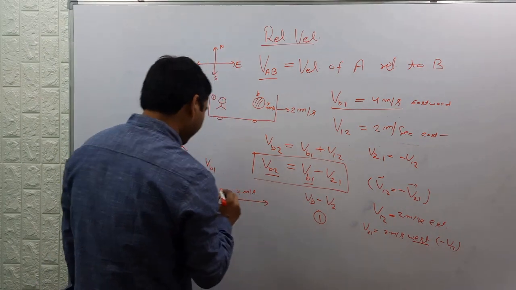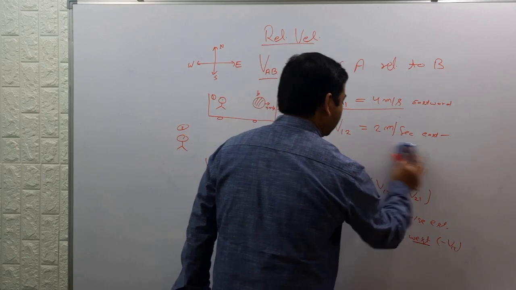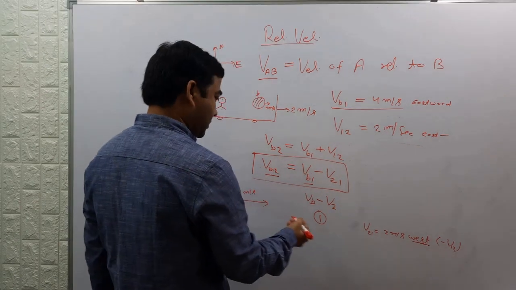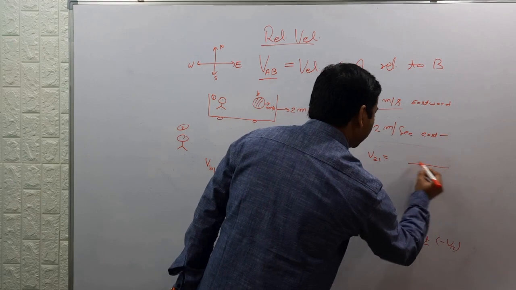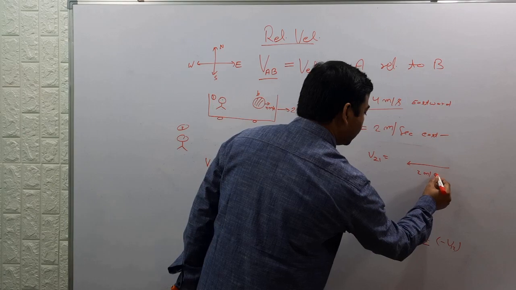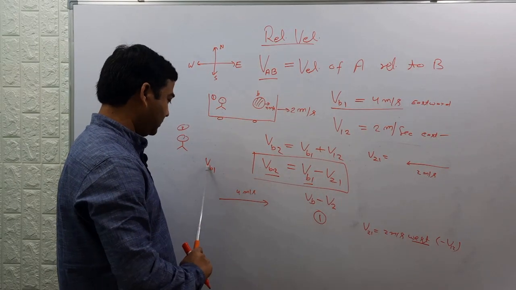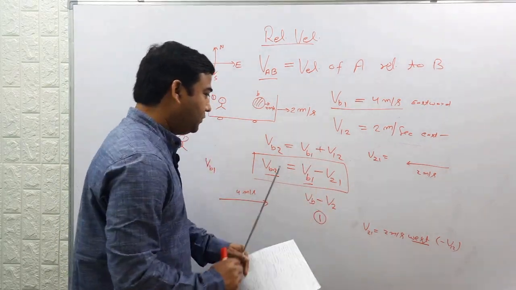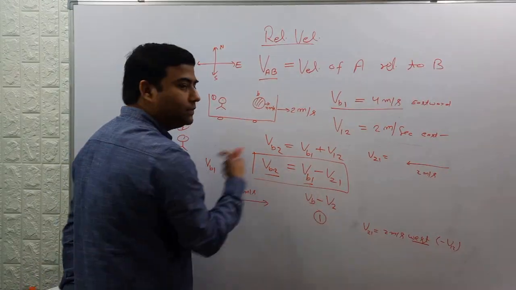Similarly, V21 is this vector in the west direction, 2 meter per second. This is V1, this is V21. Now we have to reduce vector V21 from V1.